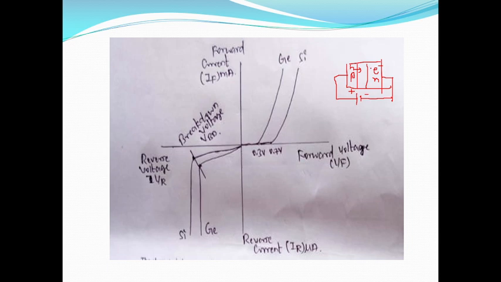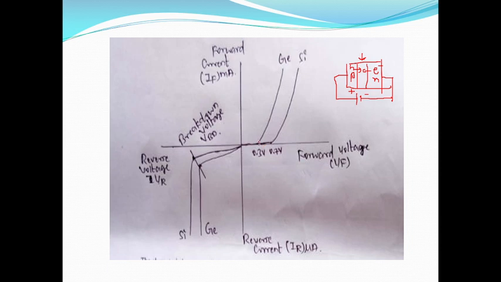And the negative terminal repels the electrons, so the electrons will also be moving towards the junction. So charge carriers are created at the junction. What happens is the width of the potential barrier decreases, and after some time the potential barrier will disappear. It means current will be flowing through the circuit.